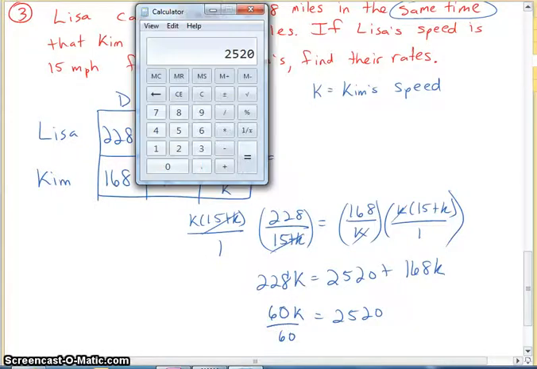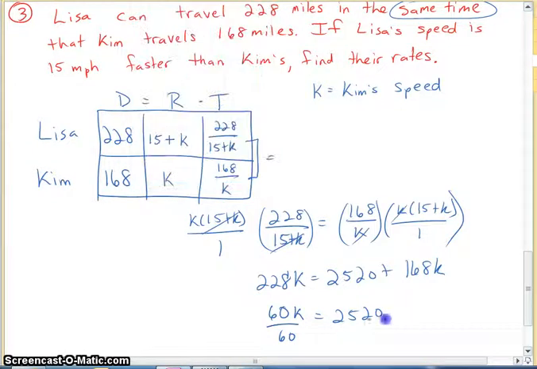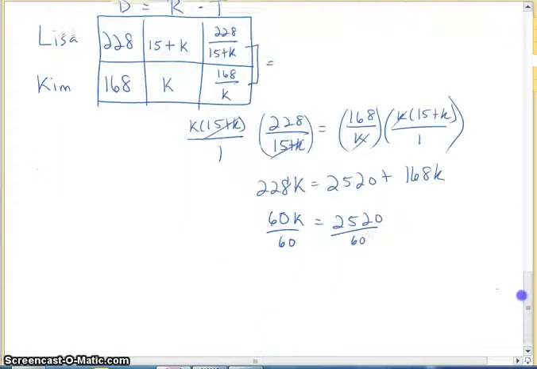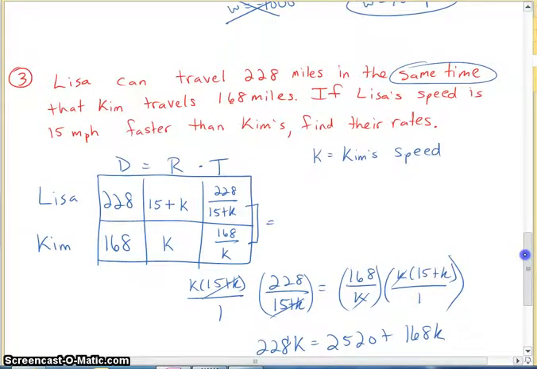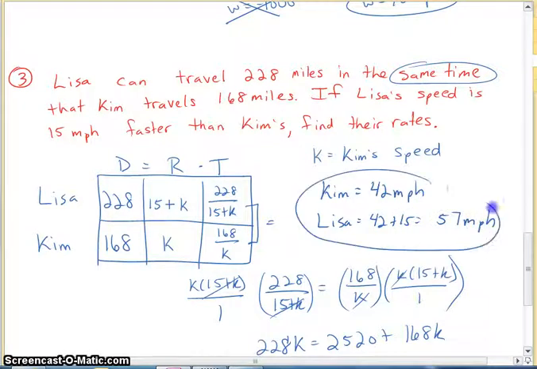Divided by 60. So K equals 42 miles per hour. So Kim was traveling at 42 miles per hour, and Lisa was traveling at 42 plus 15, which is 57 miles per hour. Those were their speeds.